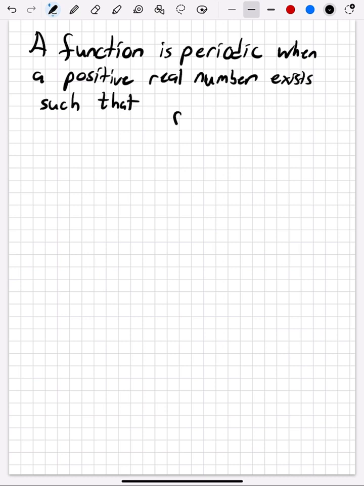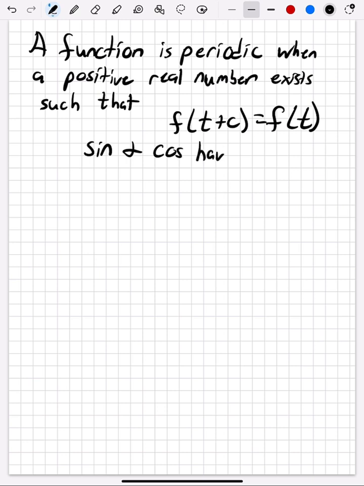So we can say that the function of t plus c results back to f of t. Okay, and that's not to say c is 0, okay? That's not what I'm referring to. All right, but let's say, so sine and cosine have periods of 2 pi.